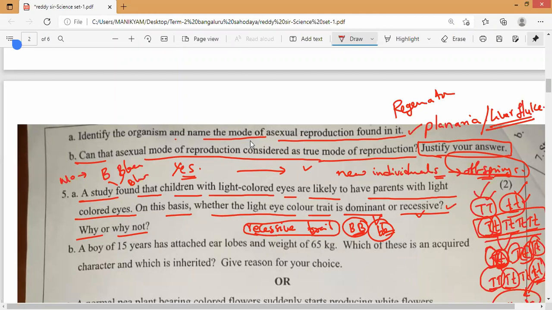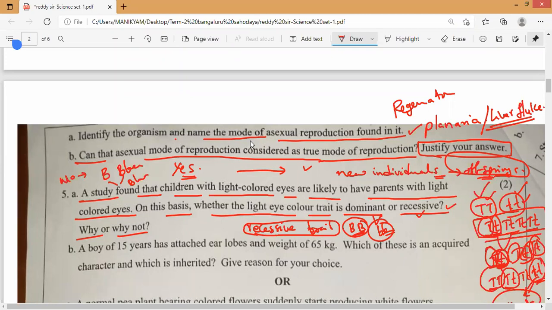But here they are saying the parents also have light color eyes only, so the parents and the baby both have light color eyes. Since both children and parents have light eyes, the possibility is that light eye color is a recessive trait.